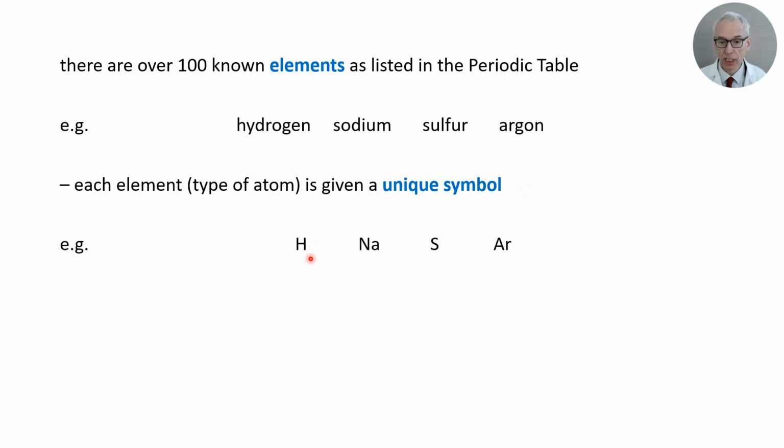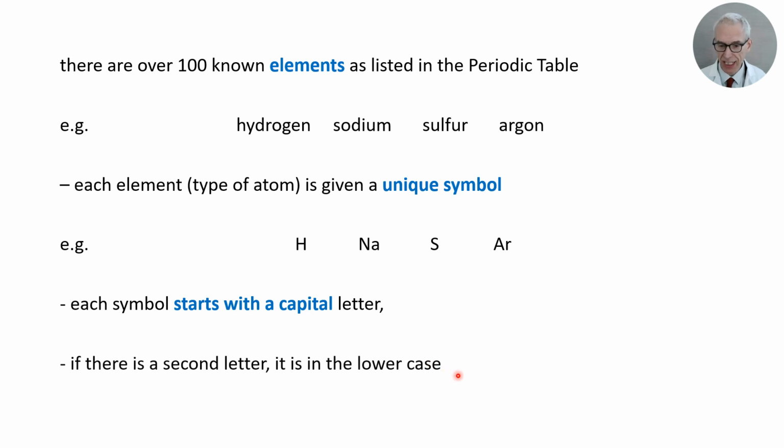For instance, capital H for hydrogen, sodium, capital N, lowercase a, sulfur, capital S, argon, capital A, lowercase r. Please notice each symbol starts with a capital letter. The second letter, if there is one, is in the lower case.